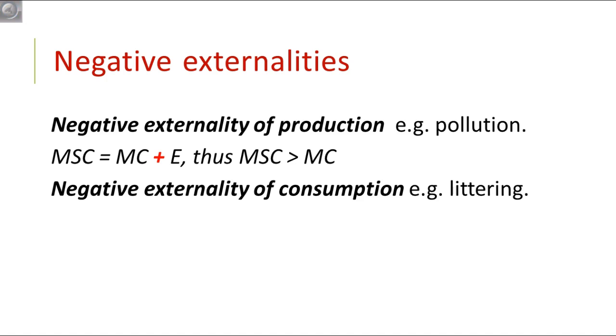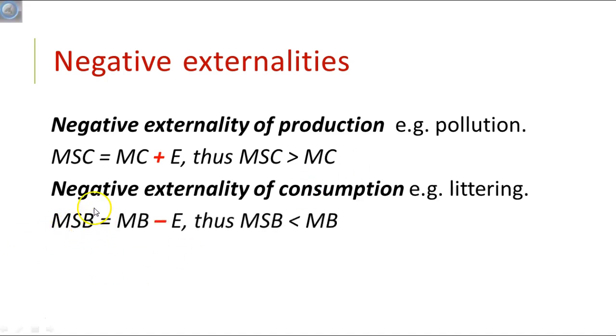When we're talking about the negative externality of consumption, here we're talking about harms that are done to bystanders due to the consumption of a product. And our example here might be littering. So the marginal social benefits associated with the consumption of a product will be made up of the marginal private benefits to the consumers of the product, but from that we have to deduct the negative external effect on bystanders.